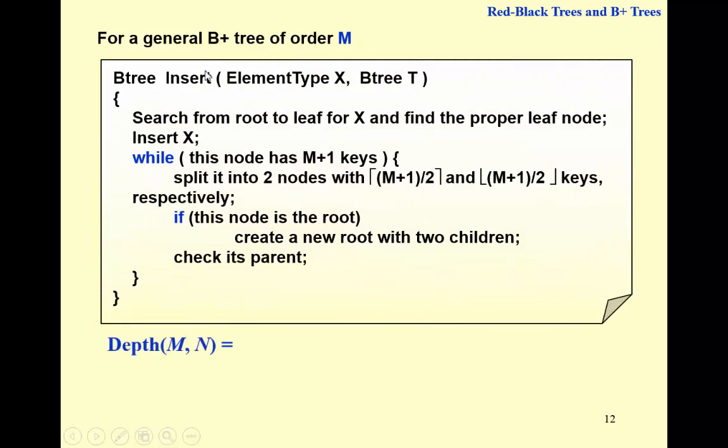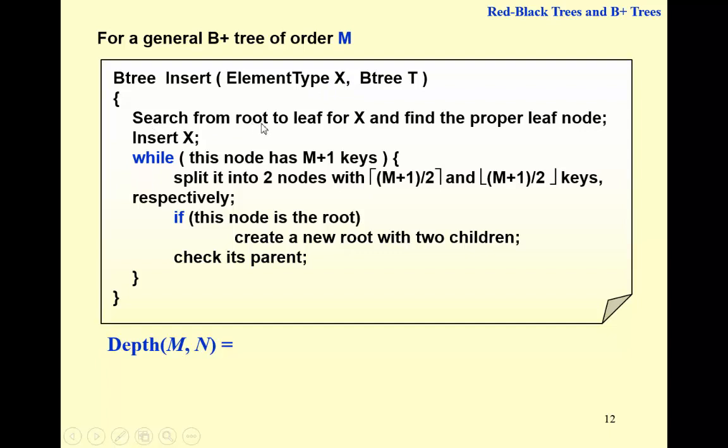And this is the pseudocode for the insertion with simple splitting. We're supposed to insert this element x into this B plus tree T. Step 1, we have to try to find the proper block, say the proper leaf node for this x.